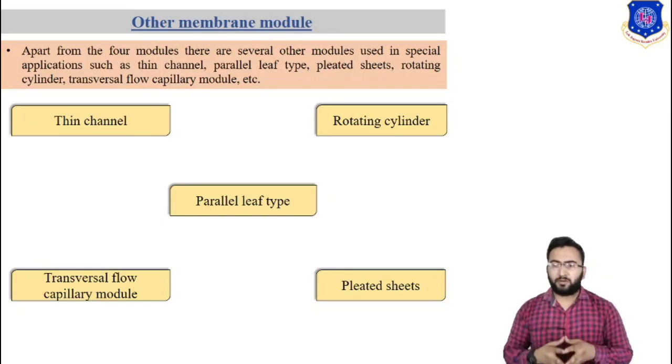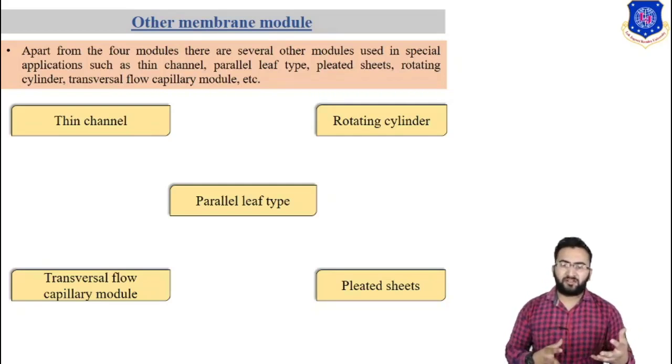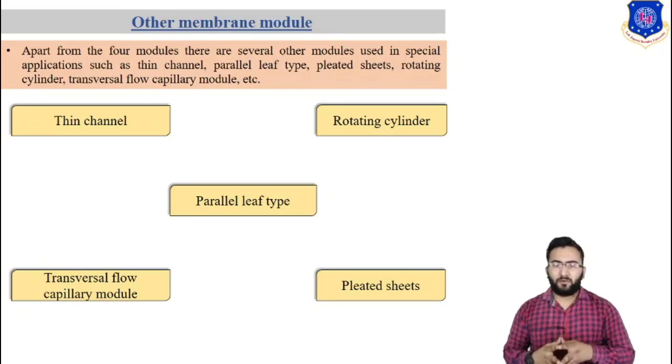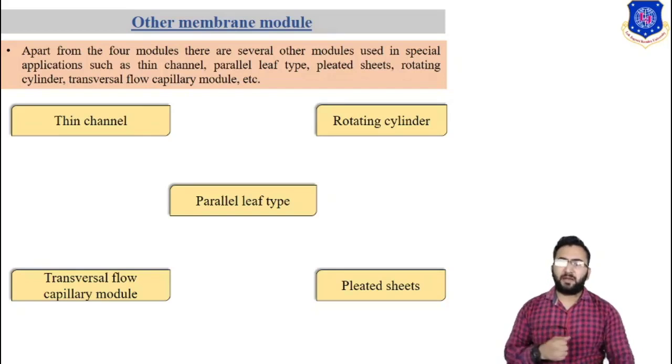This perpendicular flow provides a certain turbulence at the membrane surface, thereby rendering better control over the concentration polarization effect. This type of module is preferred because of its high packing density and low production cost.